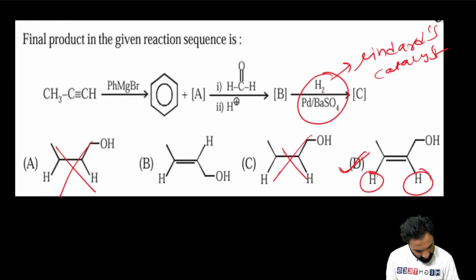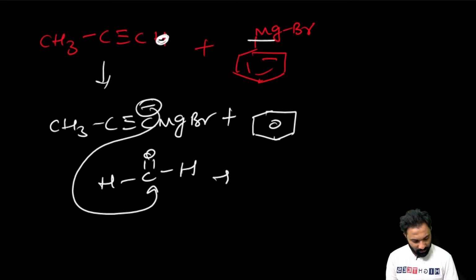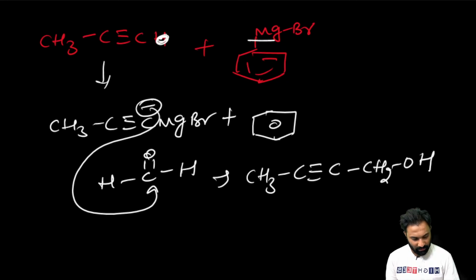Then what is it asking next? Upon formaldehyde. Now the Grignard reagent will go and react with the formaldehyde. This is a negative charge, and if it attacks this one, then it will become CH3, C triple bond C, CH2OH.